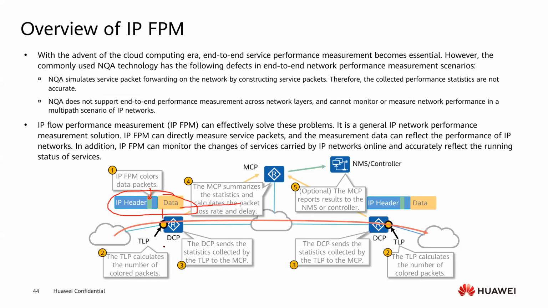this is the ingress, this is the egress of the network, and this port will record how many packets carry this number. For example, this is number 10. This is also number 10. How many packets are marked as number 10?